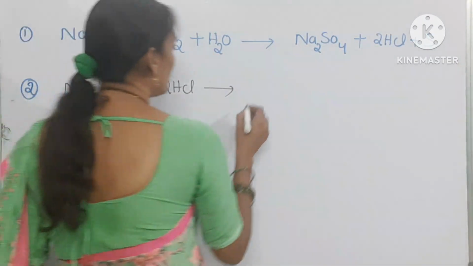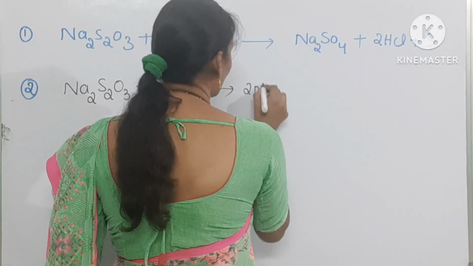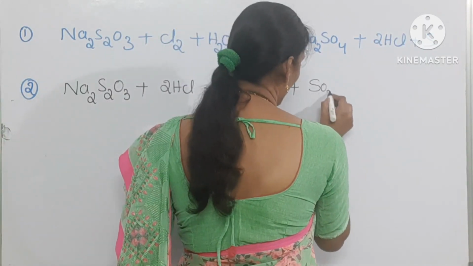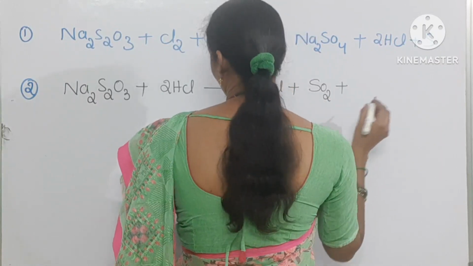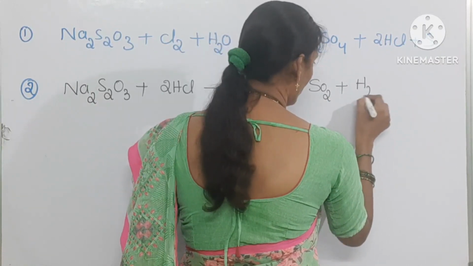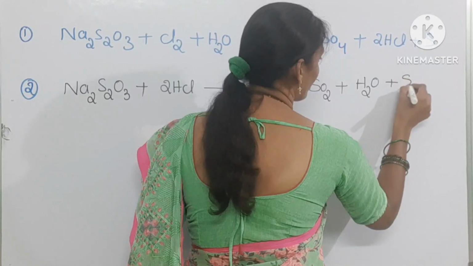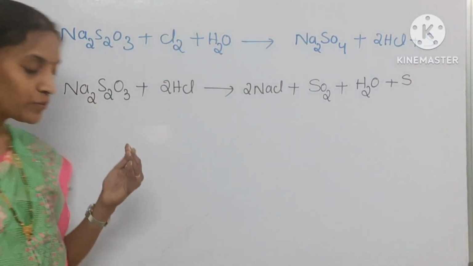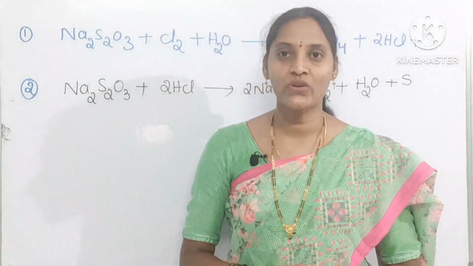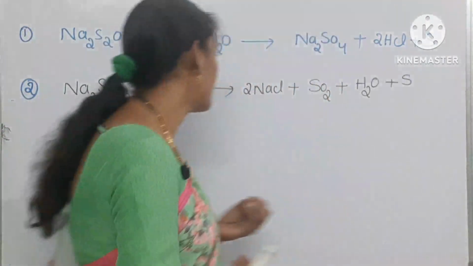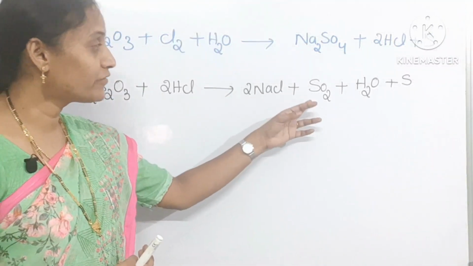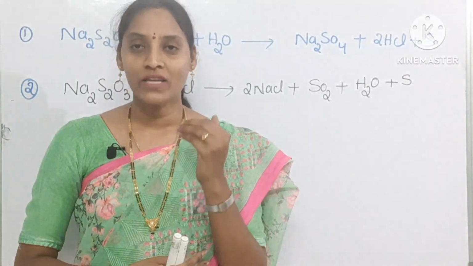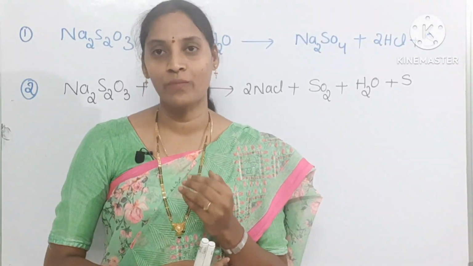You will get 2 moles of NaCl, sulfur dioxide gas and water, along with solid sulfur also. Remember, this is the hypo reaction with hydrochloric acid. Sodium chloride forms, sulfur dioxide gas, water, and along with these, solid sulfur will also form.